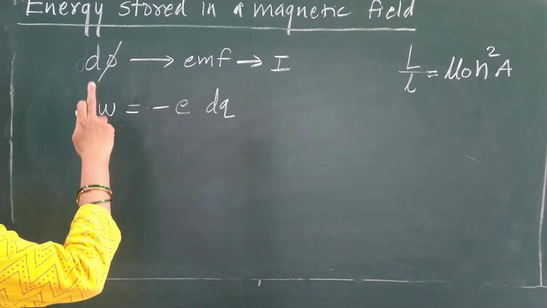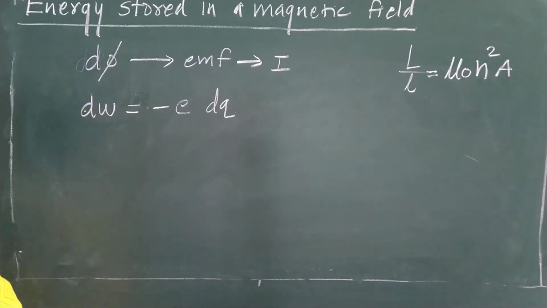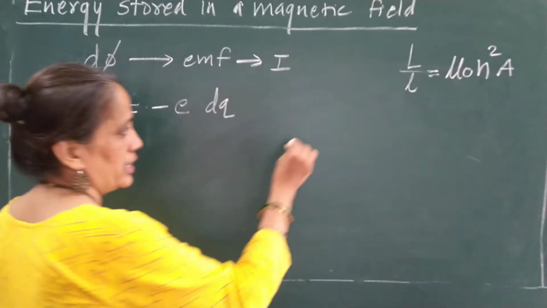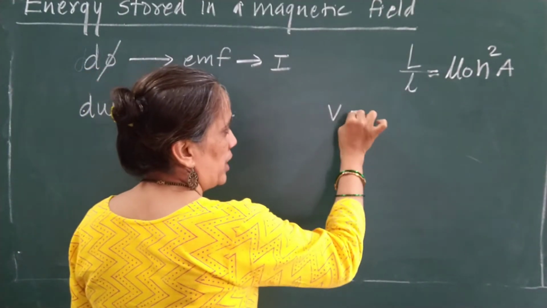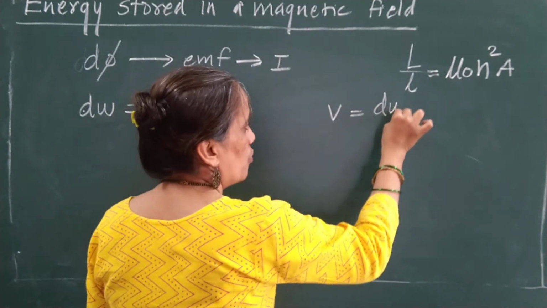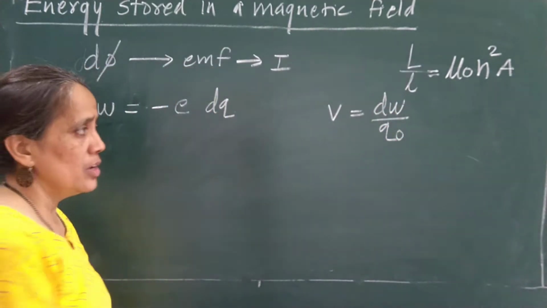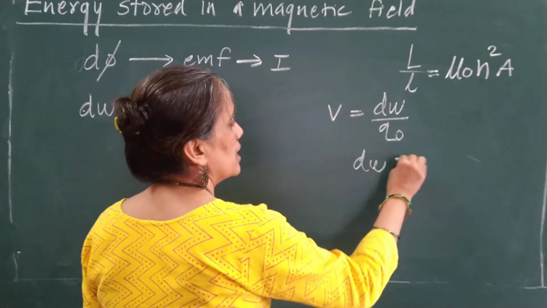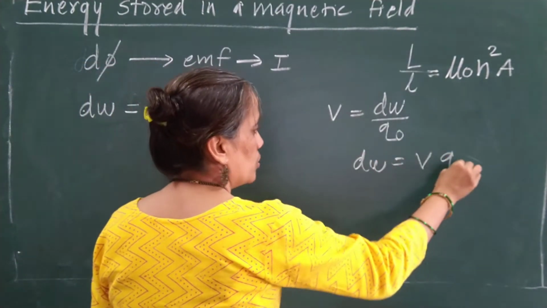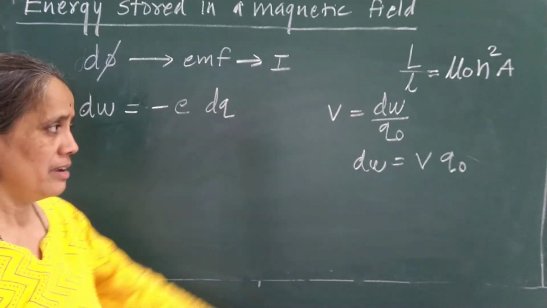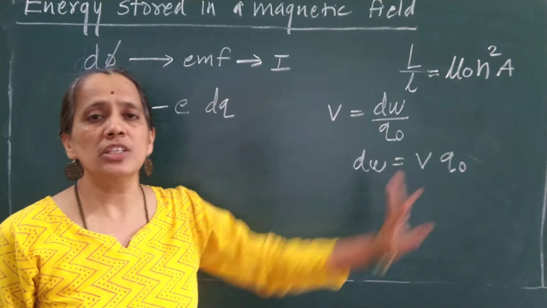This formula we can write from electrostatics. In electrostatics we have seen that electric potential V is nothing but work done per unit charge, right? So work done dW is equal to V into Q0. Fine? V is the electric potential, Q0 is a charge.